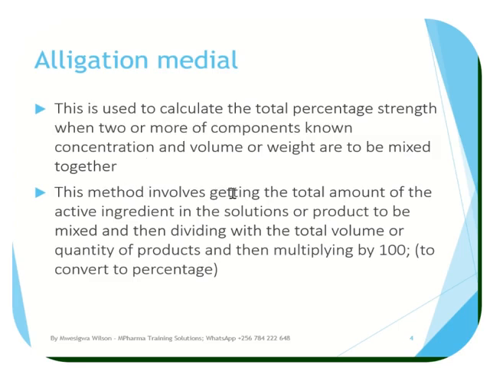This method involves getting the total amount of the active ingredient in the solutions or products to be mixed together, and then dividing with the total volume or quantity of the products, and then you multiply by 100 to convert to a percentage. All this has been explained in the next slide.